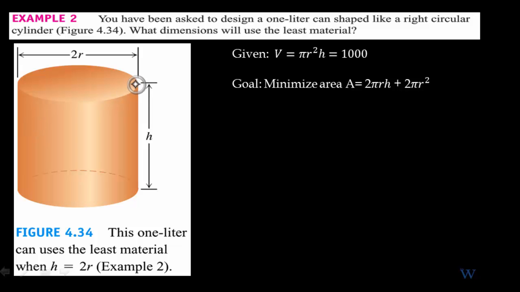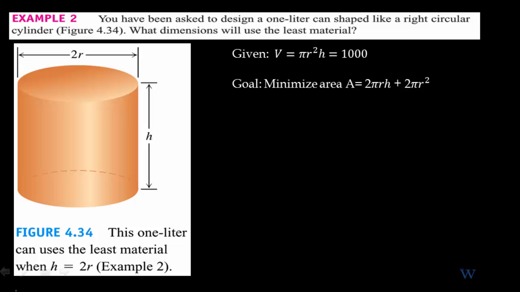If you think about it, if you cut through here and lay it out, you get a rectangle where the length is really the circumference of the circle. What is the circumference of a circle? 2 pi r. And then the width is h.